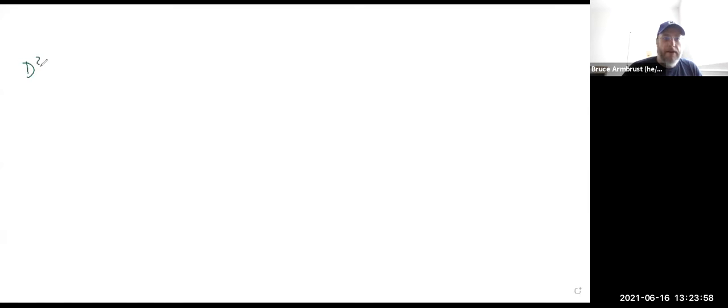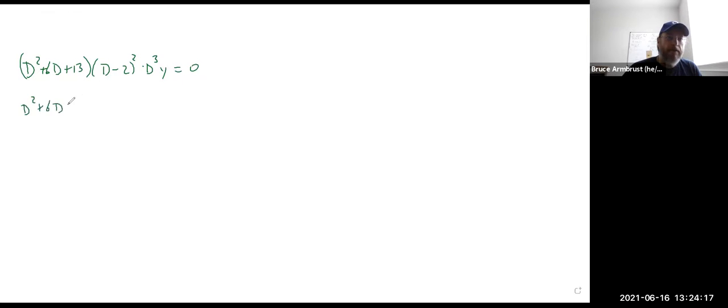So we have d squared plus 6d plus 13 times d minus 2 squared times d cubed y equals 0. Now, let me show you what this actually would look like if it was written as a differential equation. So we're going to go ahead and FOIL this out.